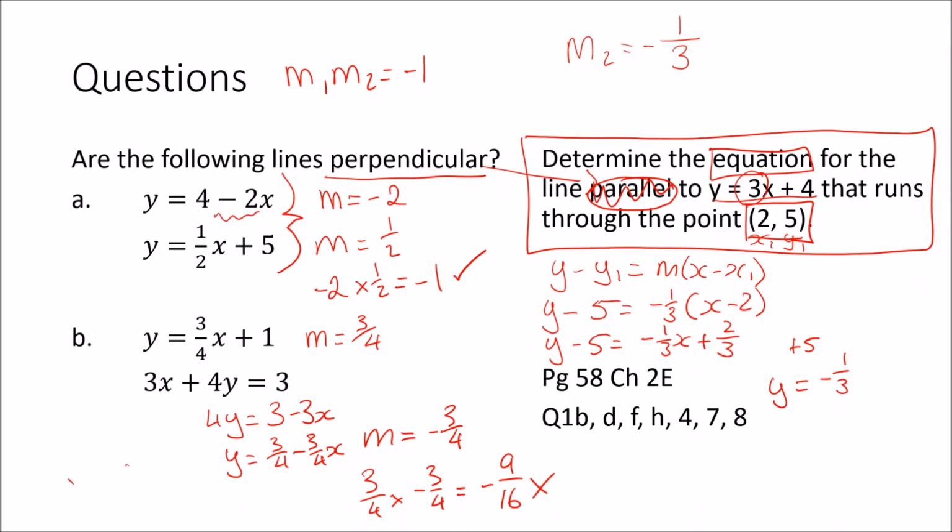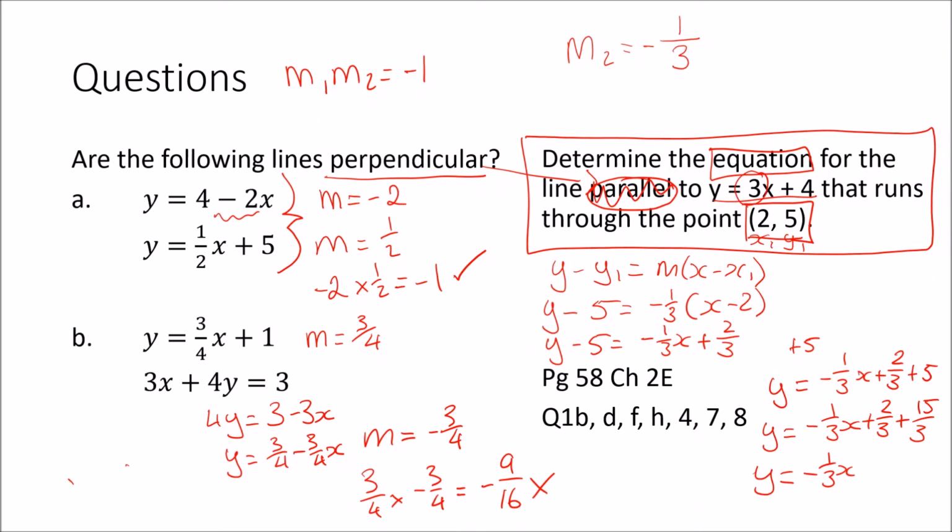And don't forget, we want to combine those two numbers so they are one number, which means we're going to change 5 so it's on a 3. So we times the top and the bottom by 3 to get 15 on 3, and then we can come to our final equation.